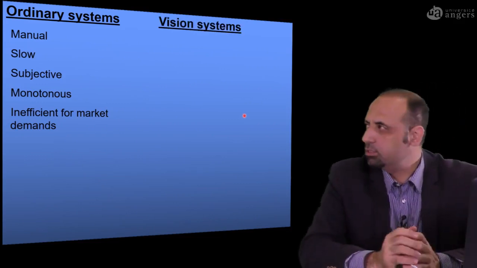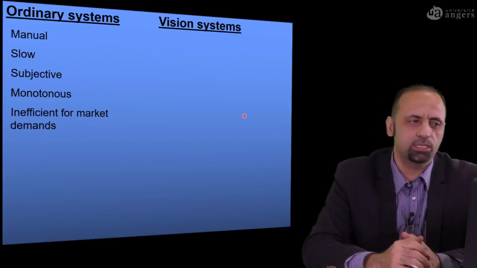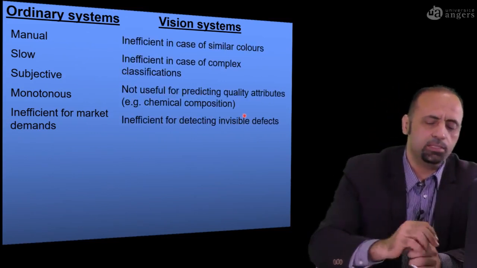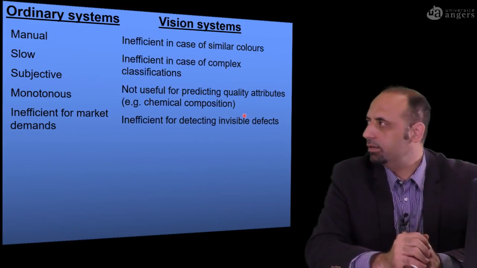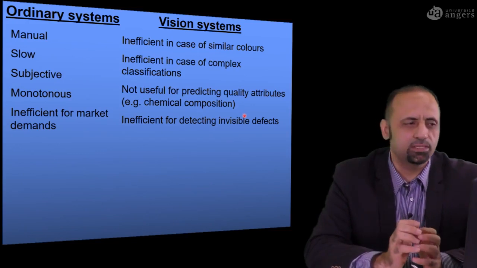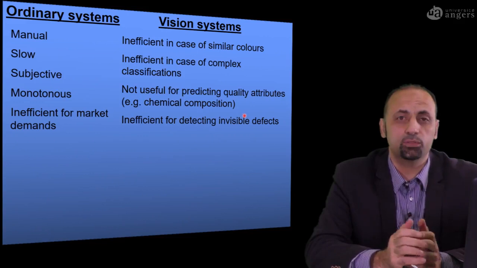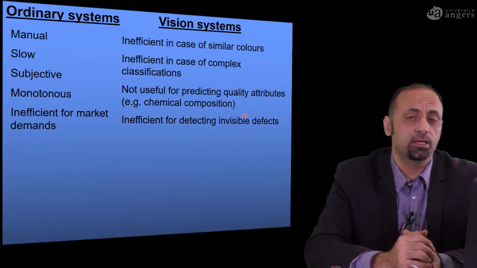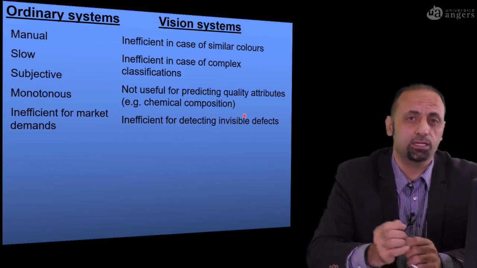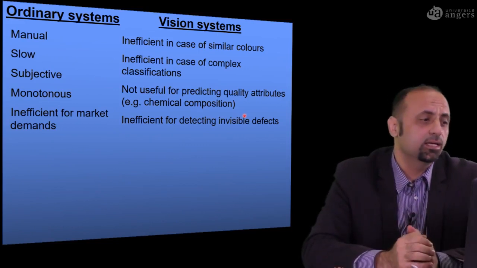The other solution is to install robots or cameras using a vision system, depending on a color imaging system. This system as well is not sufficient in some situations, like objects with similar colors, or in case of complex classification, like very tiny, very small objects like seeds.